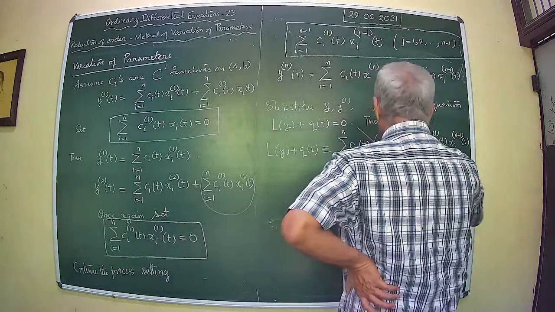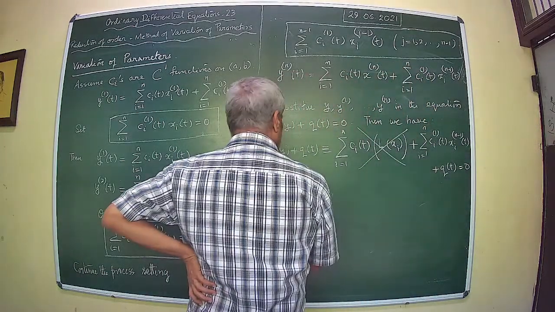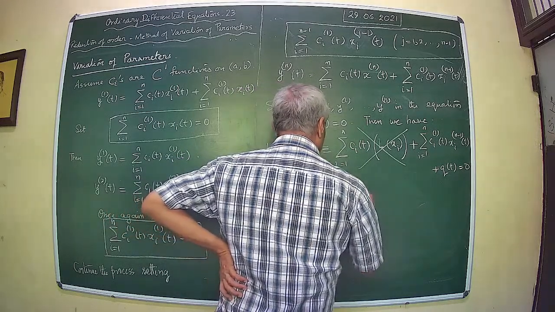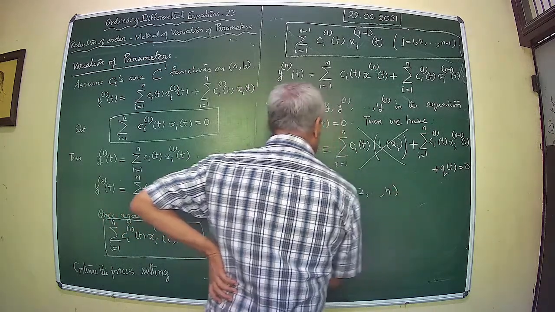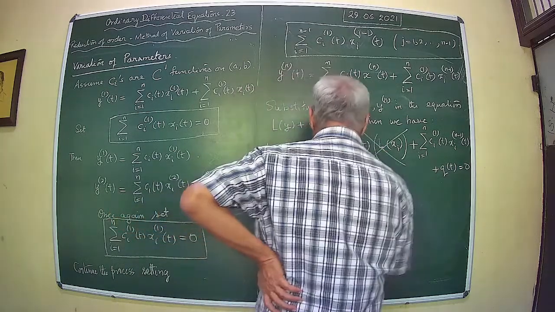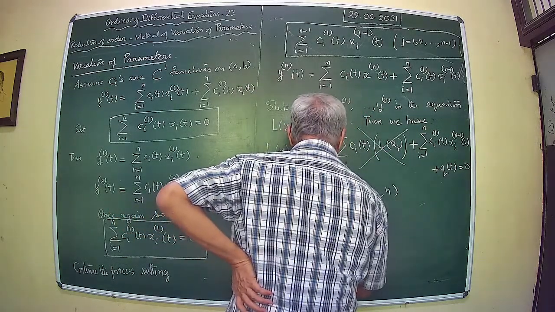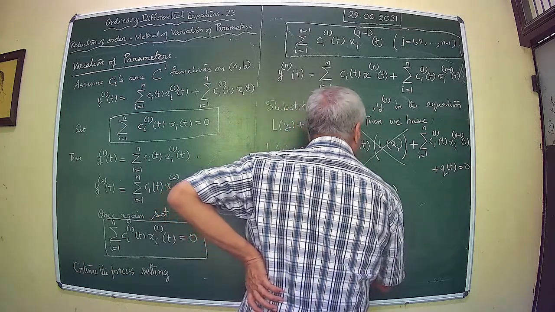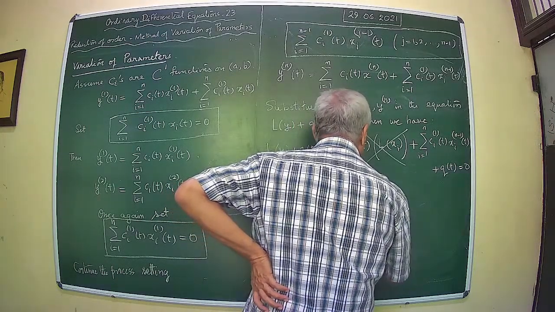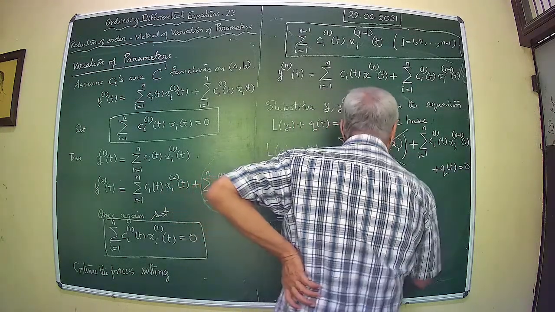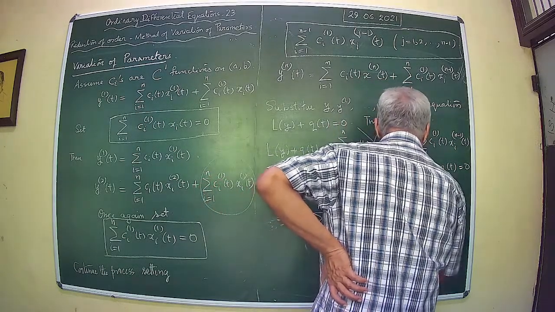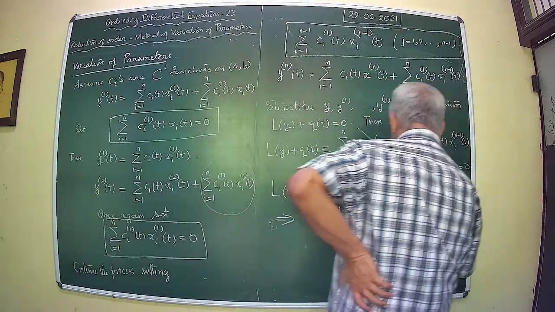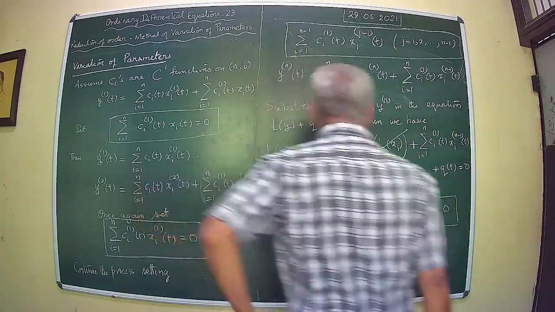But this is zero, which implies sigma Ci derivative xi to the (n-1) equals q. Now this is the nth equation that you have. Okay.